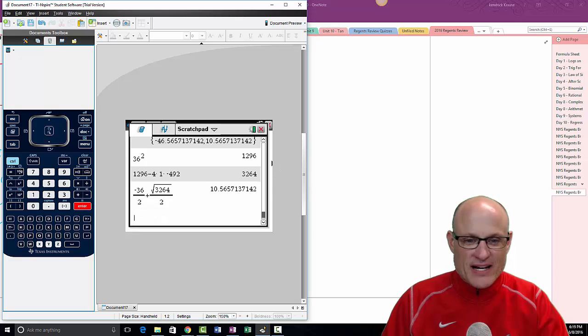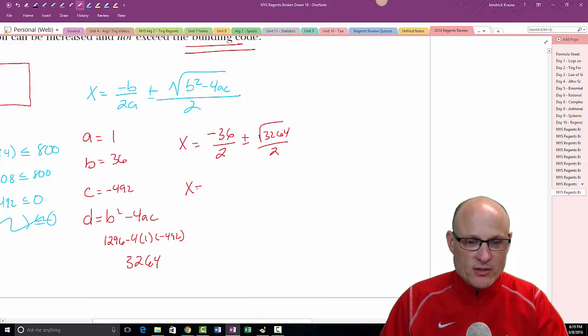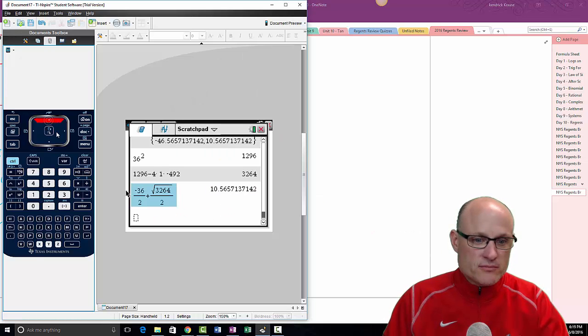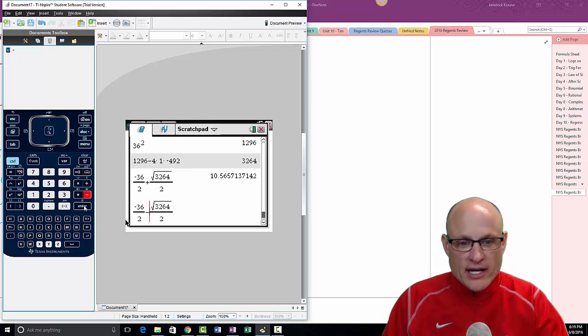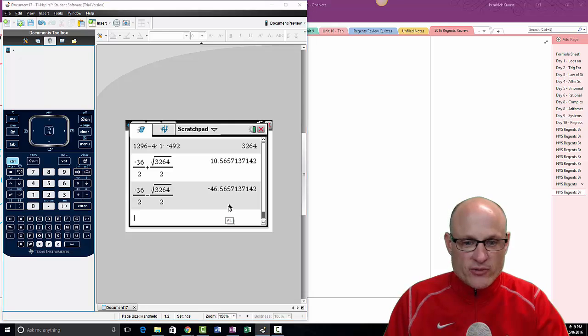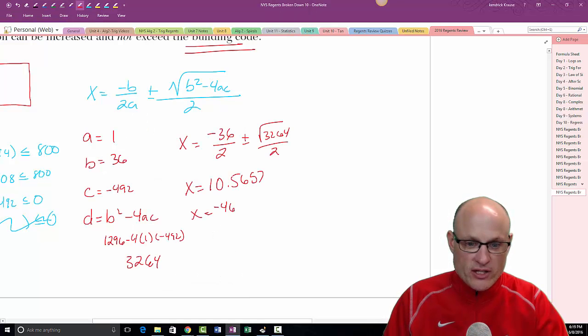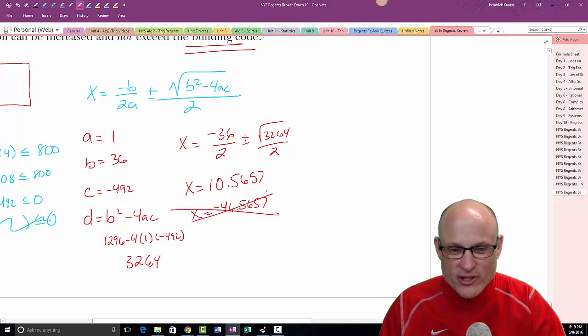And we end up with 10.5657. So x equals 10.5657. Good enough. And then if we do the minus, which is going to turn out completely useless, but that's okay, I hit enter, I get negative 46.5657. But you can't have a negative length, so that answer doesn't make sense.